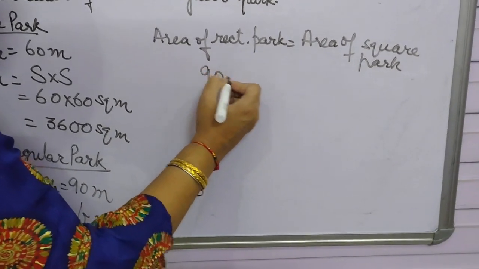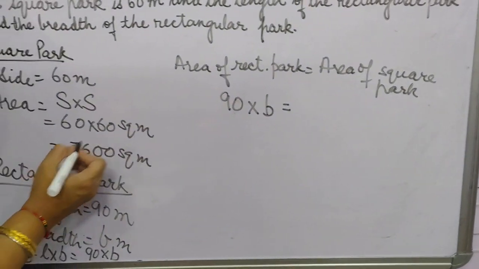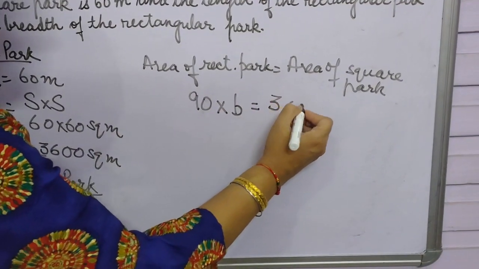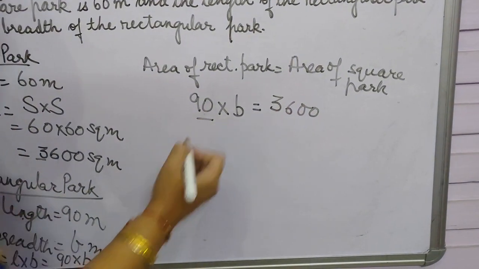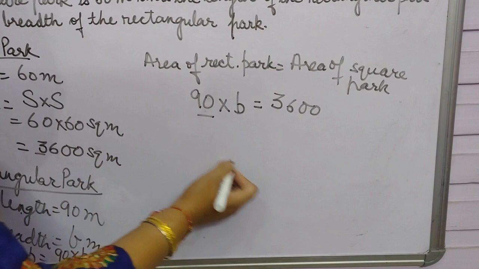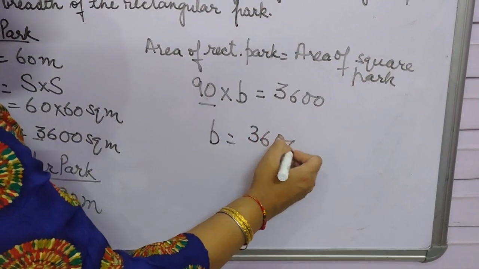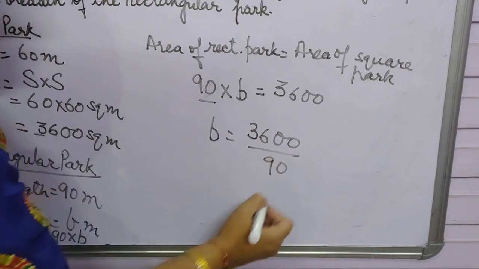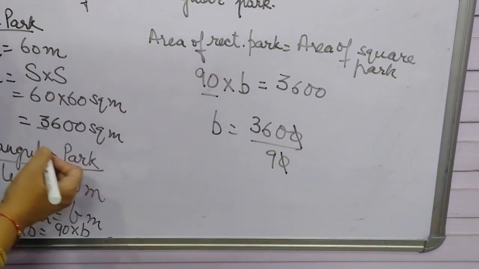So the area of the rectangular park, 90 multiply b, is equal to the area of the square park, 3600 square meters. So 90 is here in multiplication. When it goes to that side, it will be in division. Let us cancel, dividing both numerator and denominator by 10.